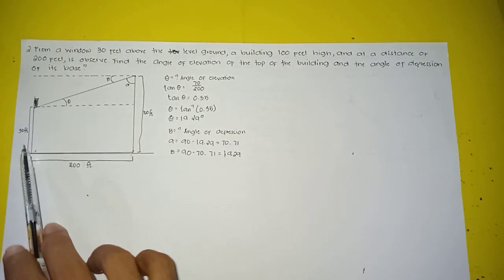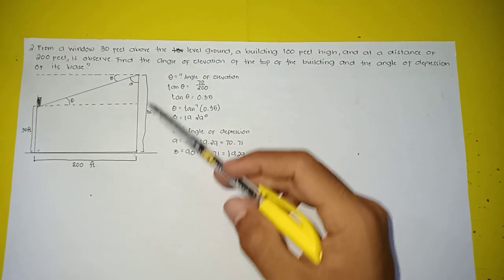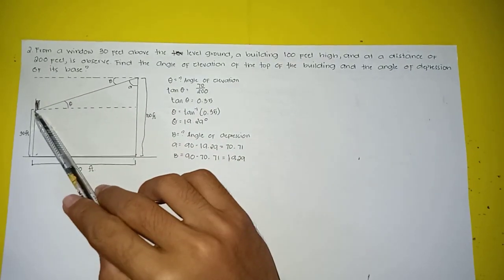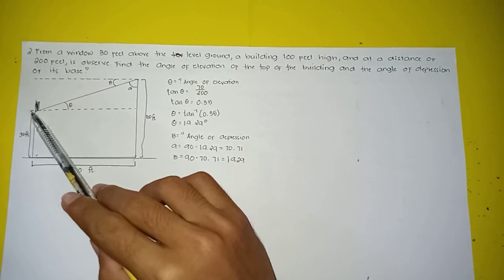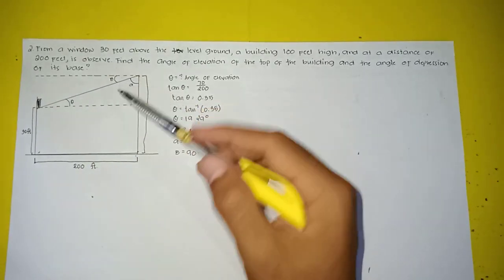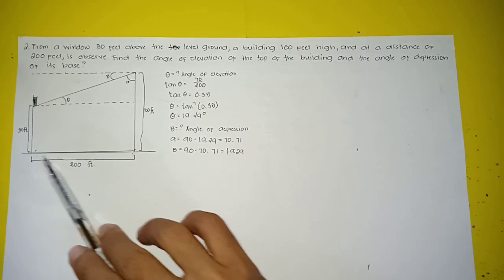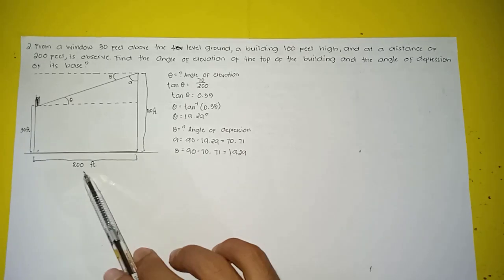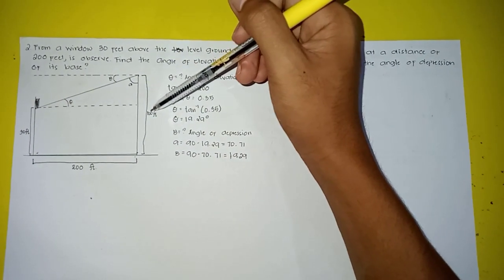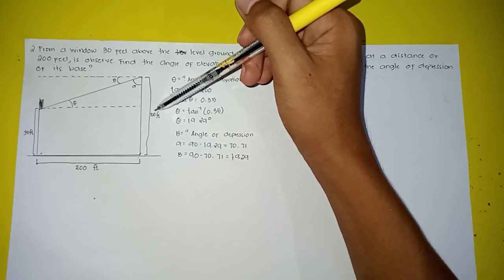Here we have the building and another building here. So here is the window about 30 feet high, and then the distance from building to building is 200 feet, and the height of the other building is 100 feet.